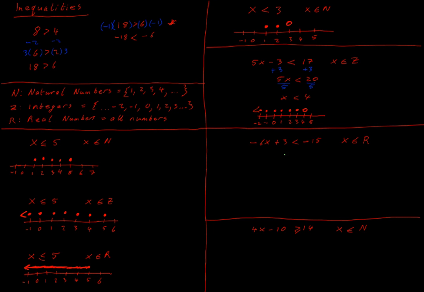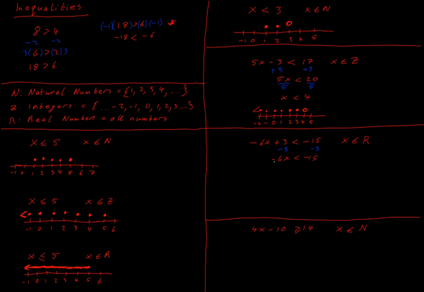Now, let's solve this one here. So I have minus 6x plus 3 is less than minus 15. So now I'm going to take away 3 from both sides because I don't want the 3 here, so I'm going to get it to go to 0. I'm left with minus 6x is less than minus 18. Sorry, 18, my apologies. Minus 15 minus 3 would be minus 18.